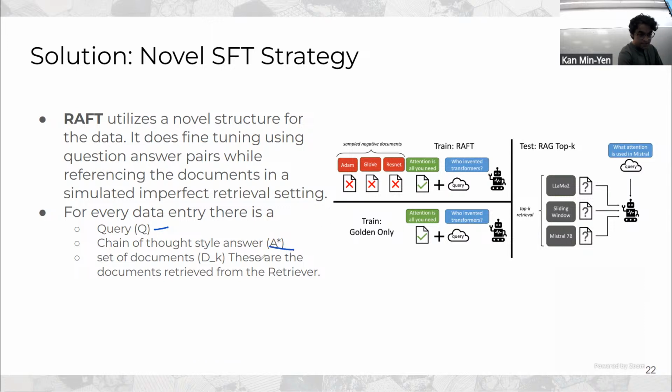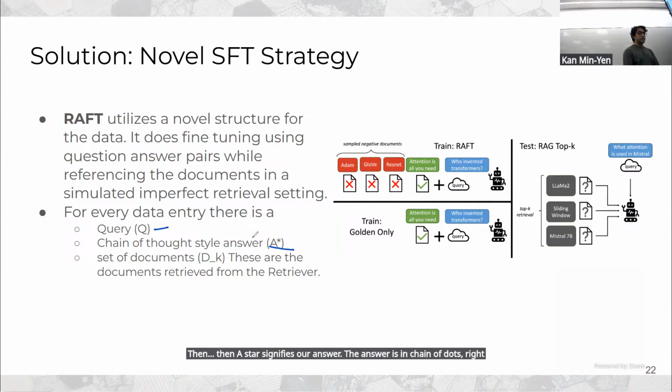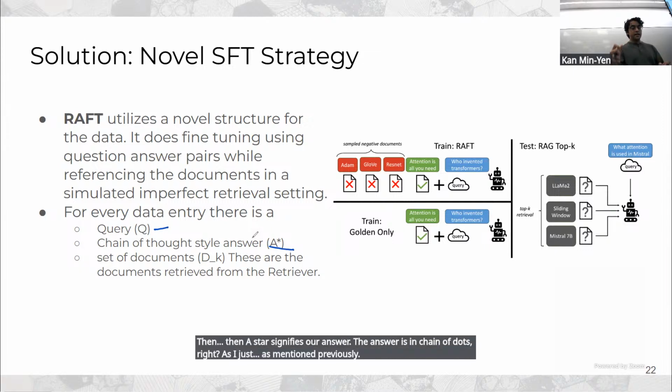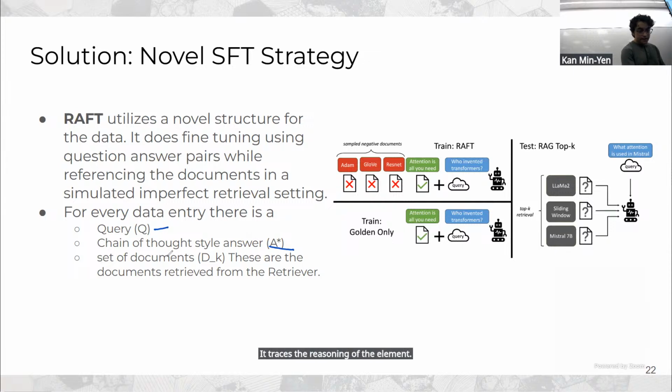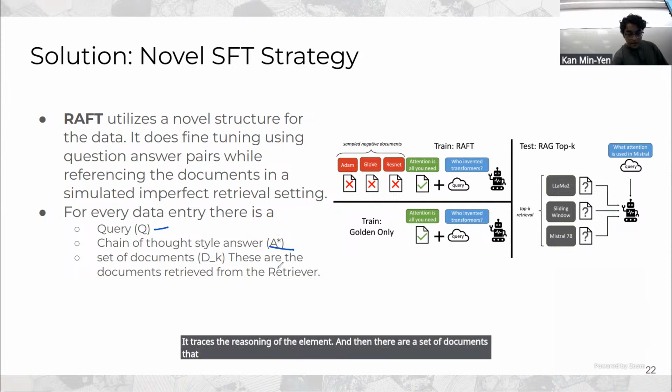Then A star signifies our answer. The answer is in chain of thought style, as mentioned previously. It traces the reasoning of the LLM. And then there are a set of documents that are retrieved from the retriever itself.